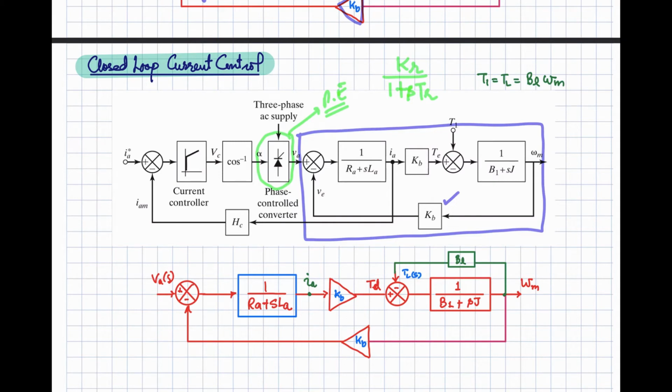So this will be requiring the information in terms of the control voltage. So this firing angle alpha is given in terms of the control voltage. Now this control voltage is basically decided by this current controller, and that is the PI controller in this case.